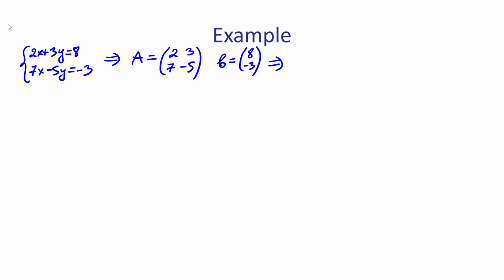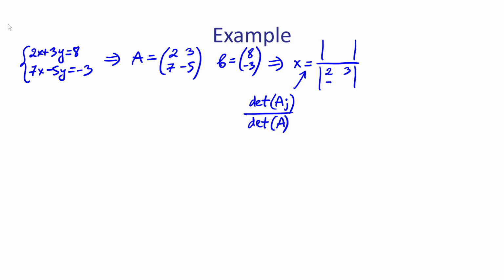So x, the first one, x1, will be one determinant divided by another determinant. On the bottom part we always have the determinant of A. So just to remind you, this is det of A_j, in that case j equals 1, and this is det of A. So this is the determinant of A: 2, 3, 7, minus 5.